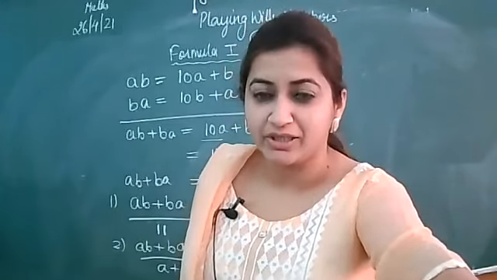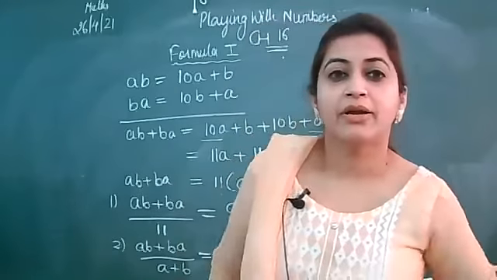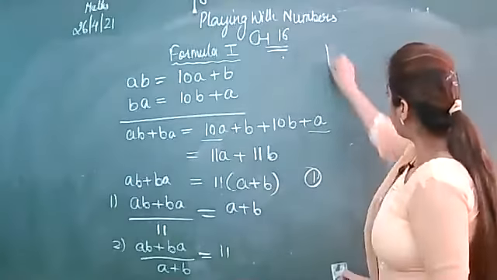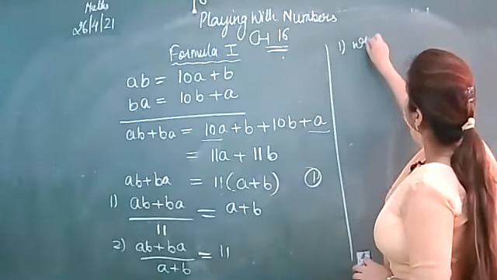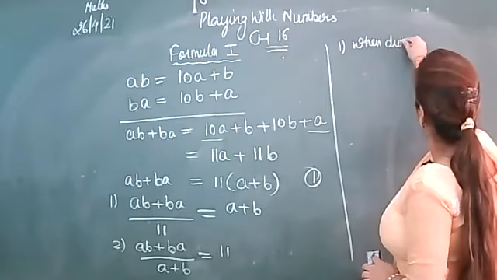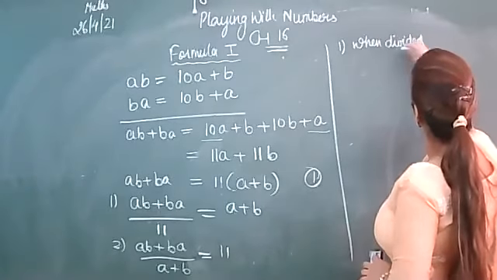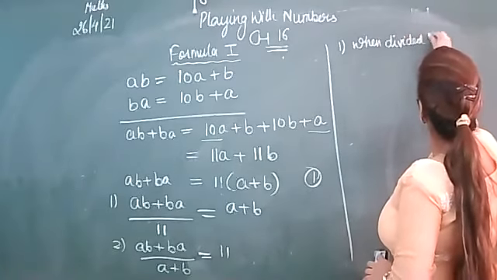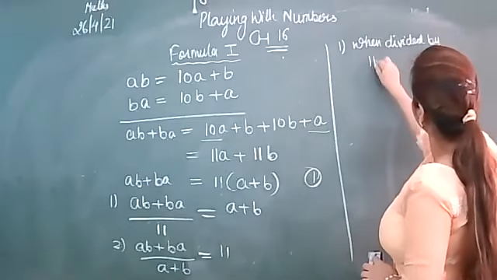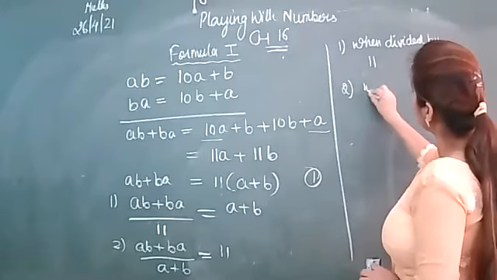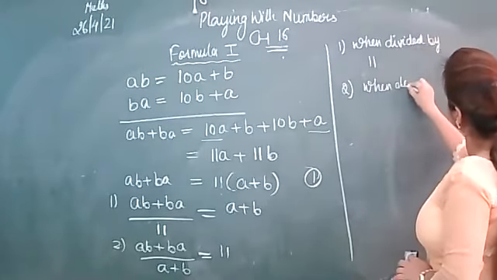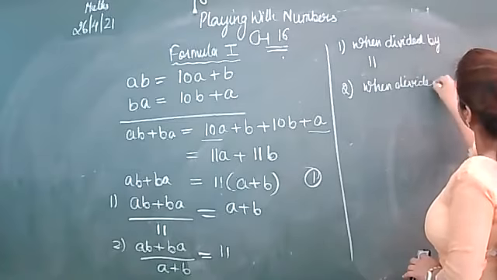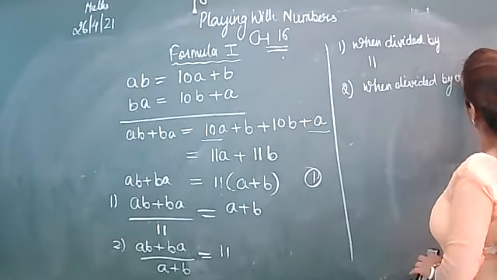Find the quotient: number 1 when divided by 11, number 2 when divided by 9.